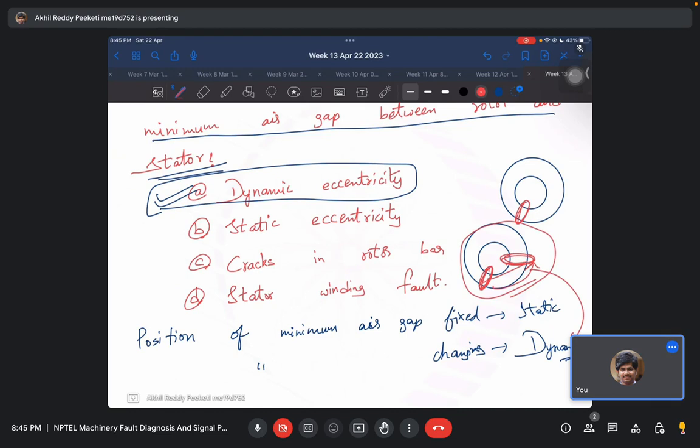Okay, so now the air gap won't be here and it would be on that location.